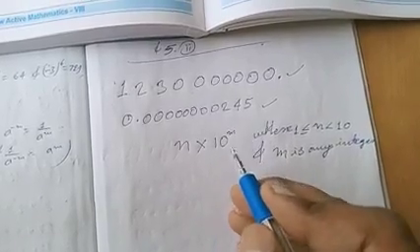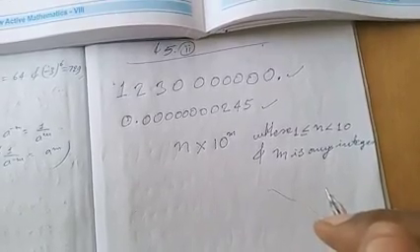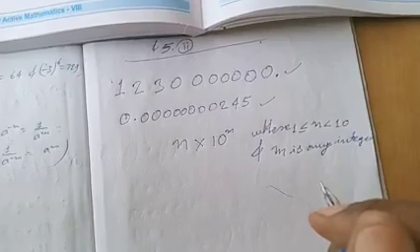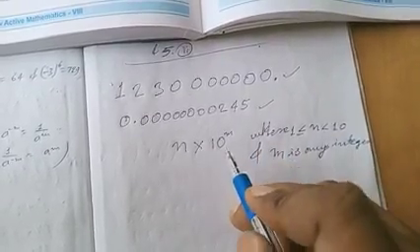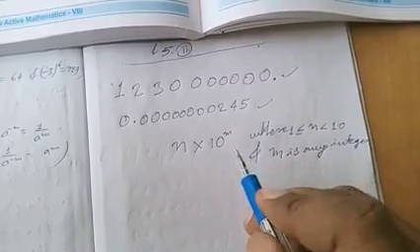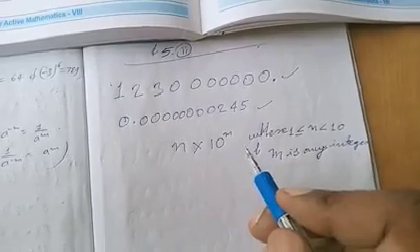It may be positive or negative, because we know that an integer may be positive or negative. 0 is also an integer, but if you write 0 then the value of 10 raised to the power 0 will become 1, so the number itself will be in the standard form.